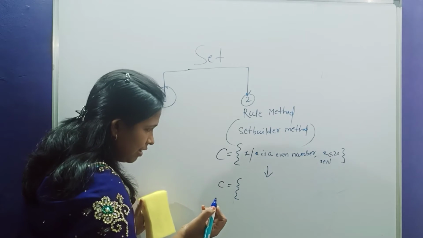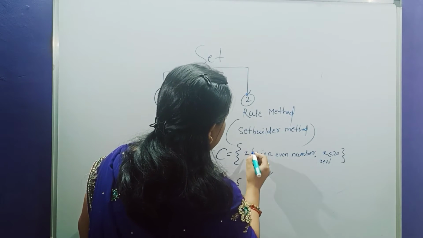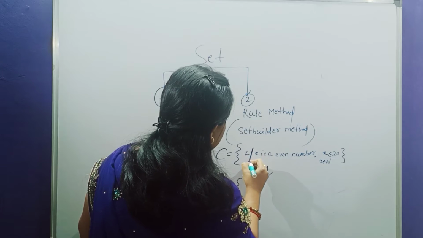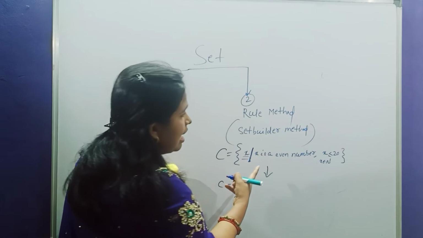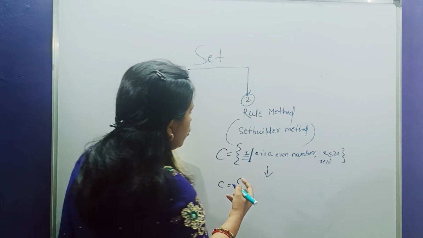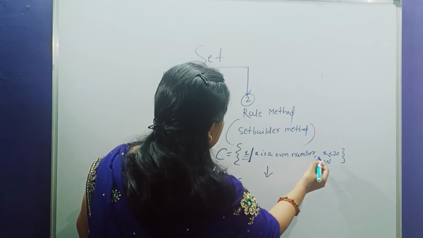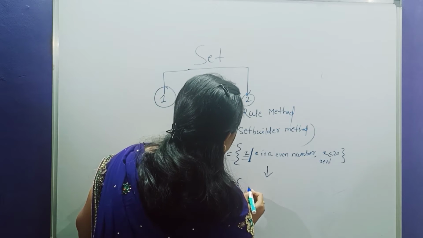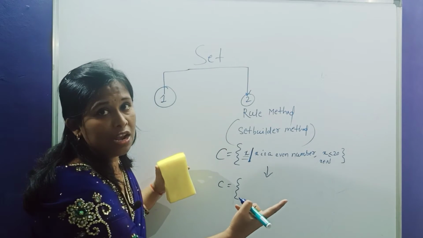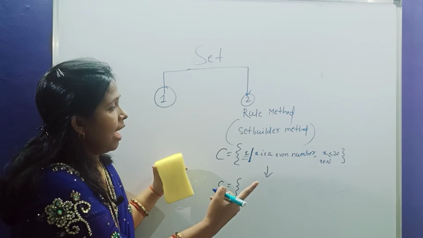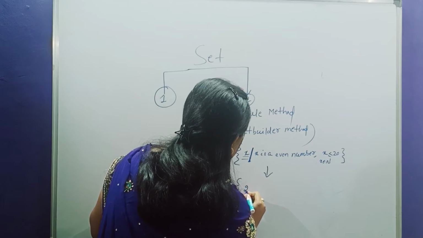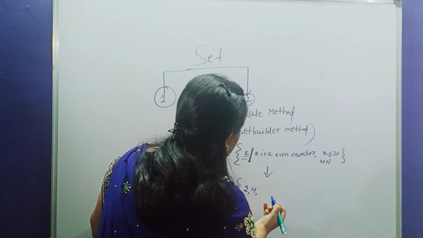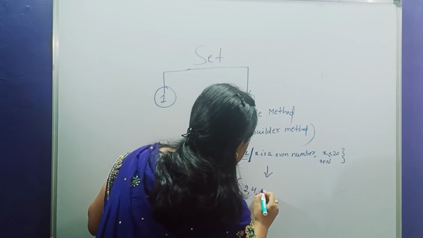That is, you can understand this, that the sign is "such that" sign, and x is nothing but the element of the set. So just I am writing the elements. So x is an even number, and x belongs to the set of natural numbers. The condition is given x less than equal to 20. So I am writing, you know, 2, 4. Then what can I write? 6.